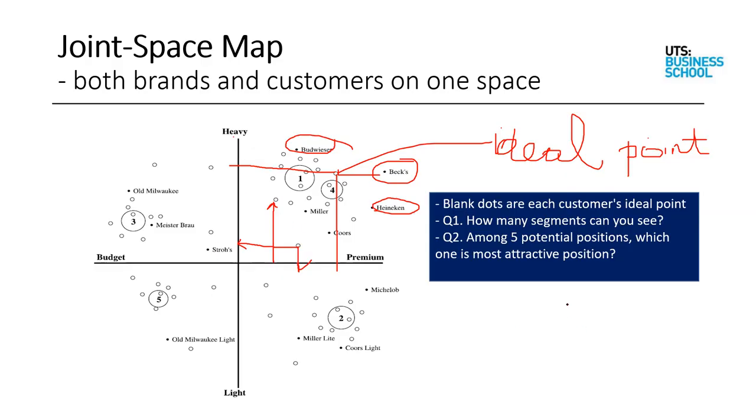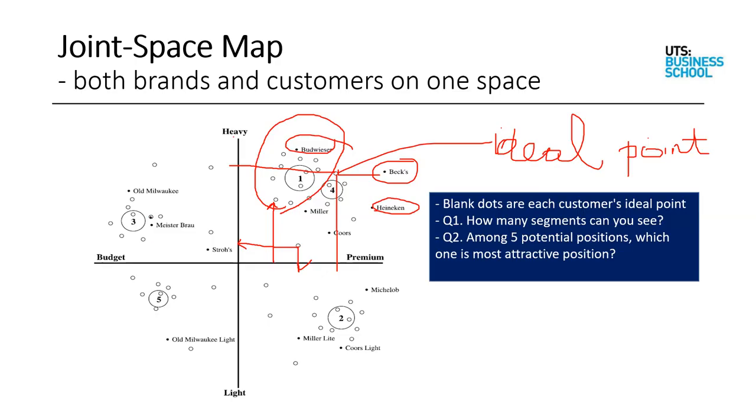So this is how it helps you to see. Plotting the brands and the consumer's ideal points together helps you to identify the segments. So I want you to see how many segments there are, how many you can see. It's actually mentioned over there. If you try to spot these segments, you can see which segment of consumers prefer what brands of beers.